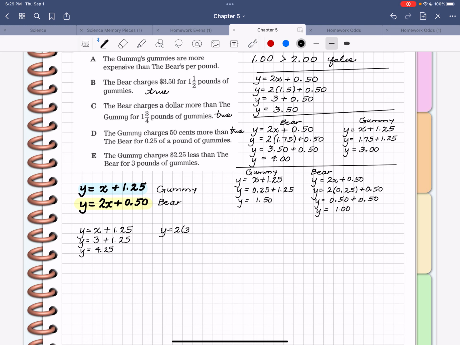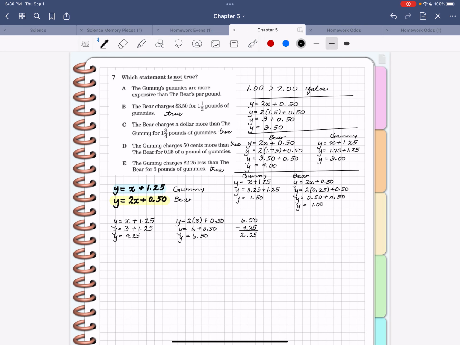So 2 times 3 plus 50 cents. That is 6 plus 0.50, which is 6.50. And then we have to subtract those. 6.50 minus 4.25 is 2.25. So that is also a true statement.